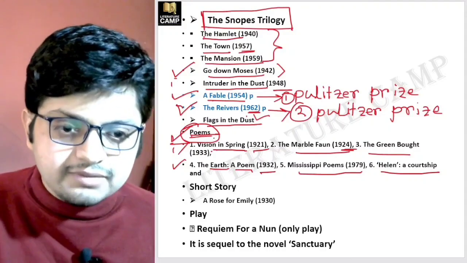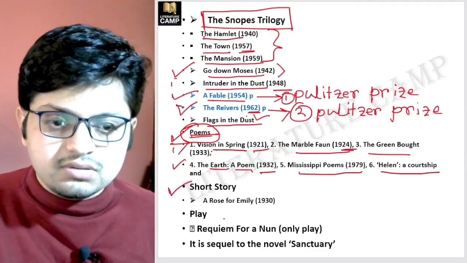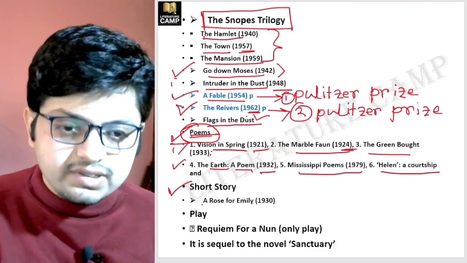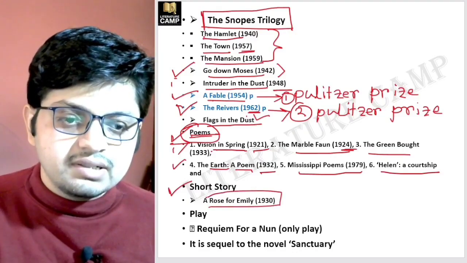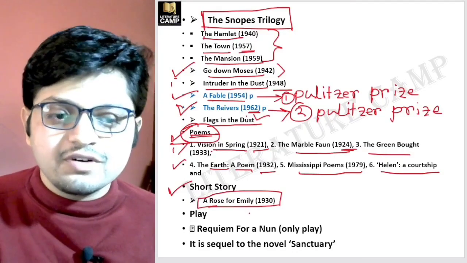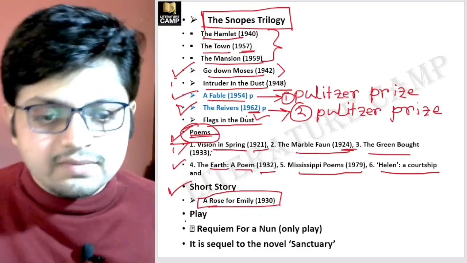Next we will see the short story written by William Faulkner: A Rose for Emily, published in 1930.